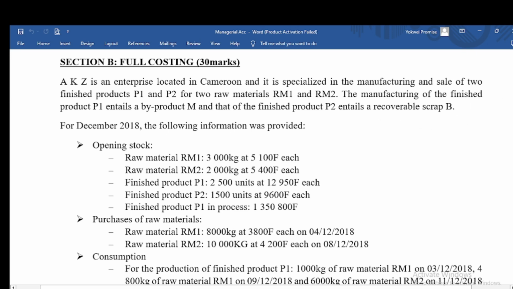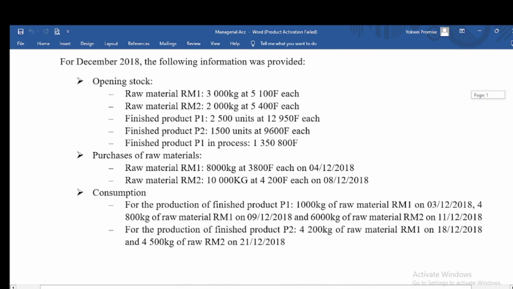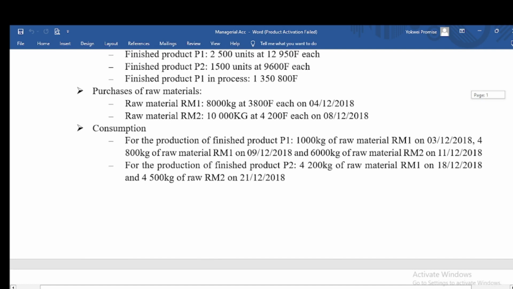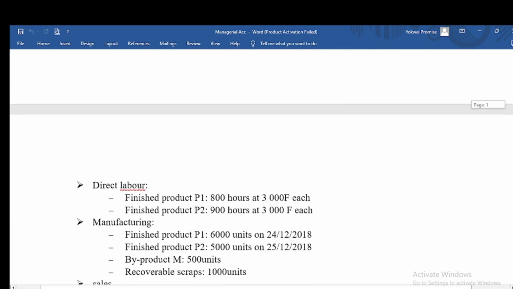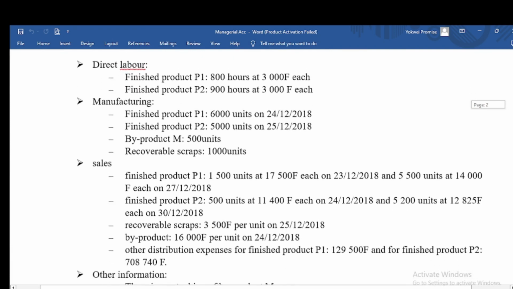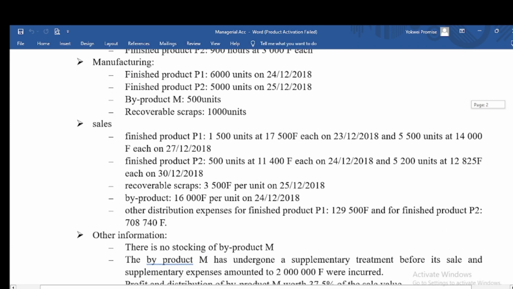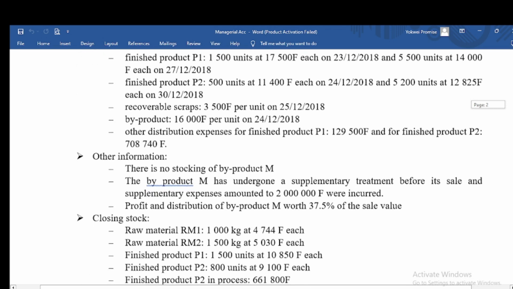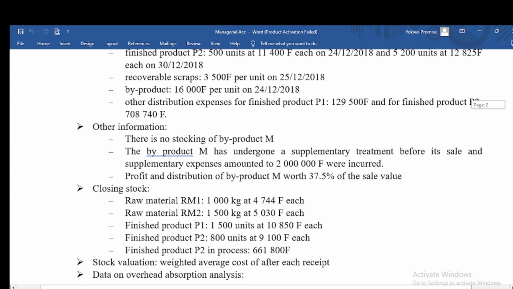So opening stock has been given, purchases, consumption, right? You can just pause the video, and then you can screenshot the question or copy it out. Direct labor, manufacturing as well. Sales has also been given. Other information and the closing stock.